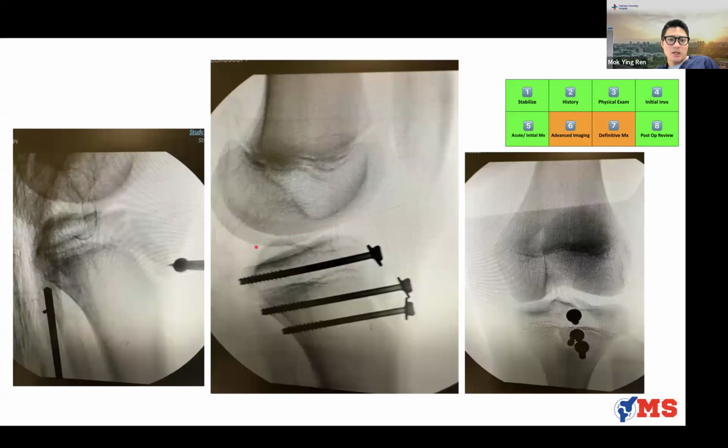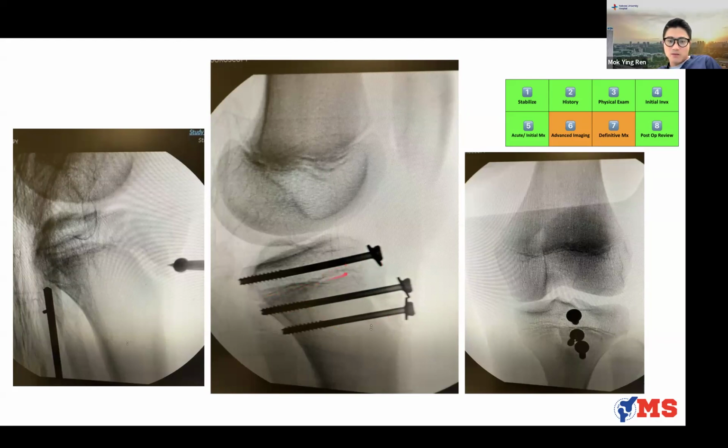All right. Here, what has been done is open reduction, internal fixation. You can see that a device is used to reduce the tibial tuberosity. Remember, the forces acting on it, the patella tendon is very strong, so it requires lots of force to push it in. Next, you can see 3 cannulated, partially threaded screws have been used to fix the fracture in place.